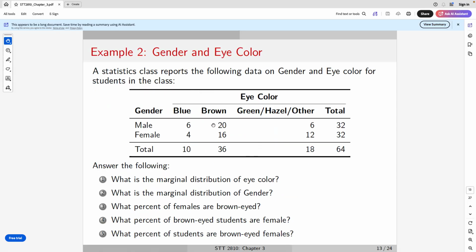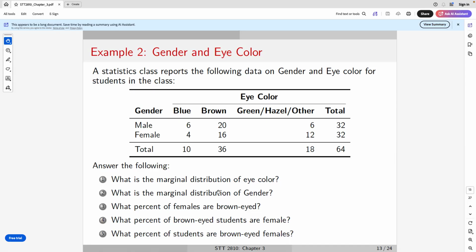This is an example. Take your time and read the problem, and then try to find the marginal distribution of eye color, and then the marginal distribution of gender. Just do these two, and then we will discuss them, and we'll do the other ones as we proceed.